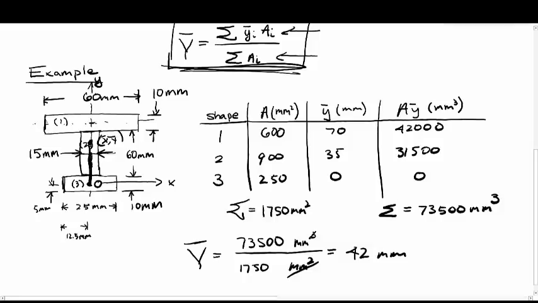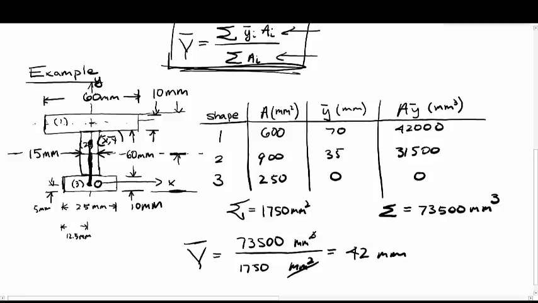And just intuitively, it makes sense because we see that there's more area on the top half of this center line. We know that from here to here, this distance is equal to this point to this point.